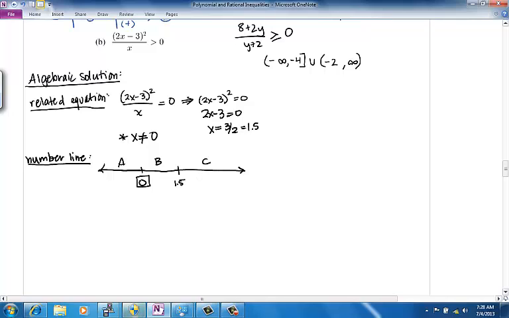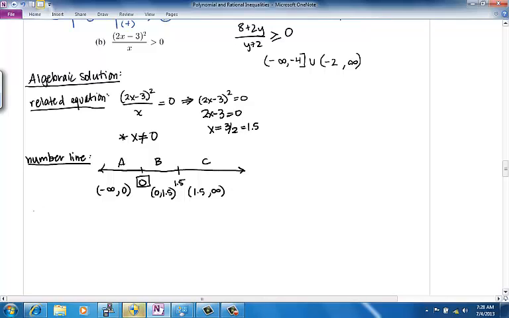And then interval A would be negative infinity to 0, not including 0, even if there had been an equality with that inequality. And then 0 to 1.5. 1.5 not included because there was not an equal sign. 0 not included because it makes this 0 in the denominator. And then finally interval C, 1.5 to infinity.